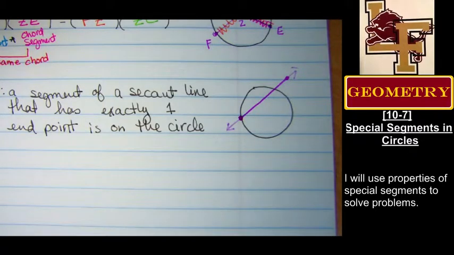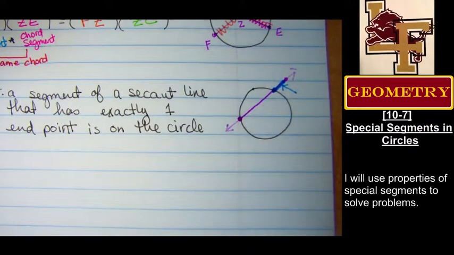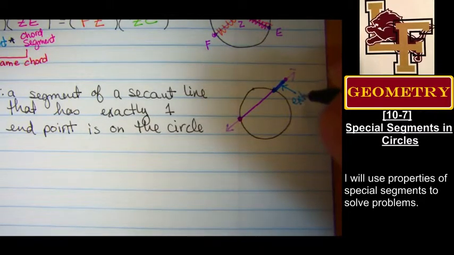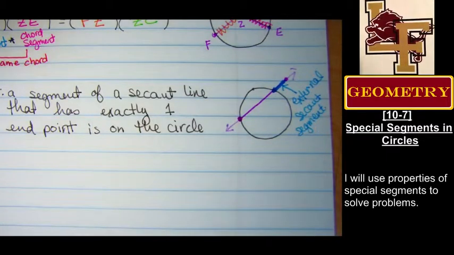All right, so far so good? We've got a special name for the part that's hanging out outside of the circle. This part is called the external secant segment because it's the part outside of the circle.